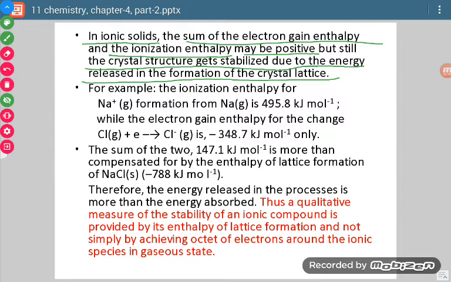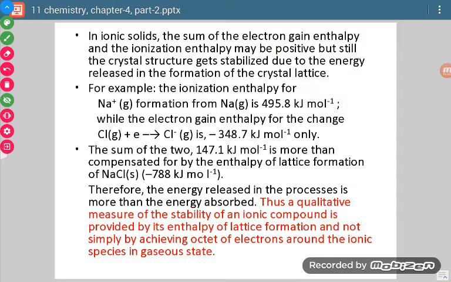Since the lattice enthalpy value was very high, there was less effect of the positive value of the sum of the delta Heg and IE values. So ultimately, if there is release of energy, when we sum all these three energies and we get a negative value of total energy, then it means that that particular ionic compound is possible and will be formed.